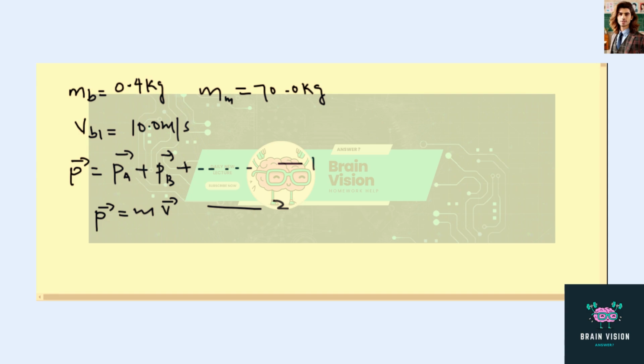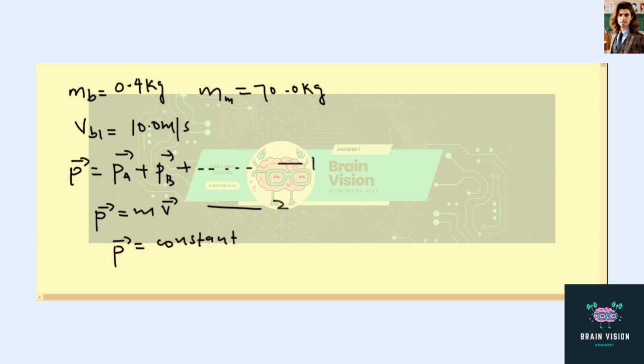Well, we also know that for an isolated system, the momentum of the system is conserved. So momentum P is equal to constant, right? Now let's do calculations. Since there is negligible friction between my feet and the ice, the system is considered an isolated system.